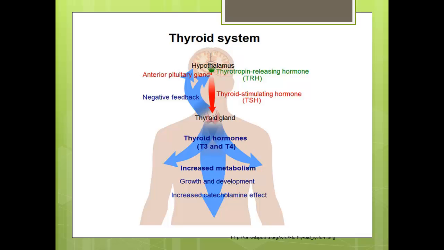These hormones go throughout the body to increase metabolism, growth and development, and the catecholamine effect. When the body has had enough thyroid hormone in the blood, T4 feeds back to the hypothalamus and pituitary and causes a decrease in secretion of TRH and TSH since the thyroid hormone is no longer needed. This pattern is called negative feedback.